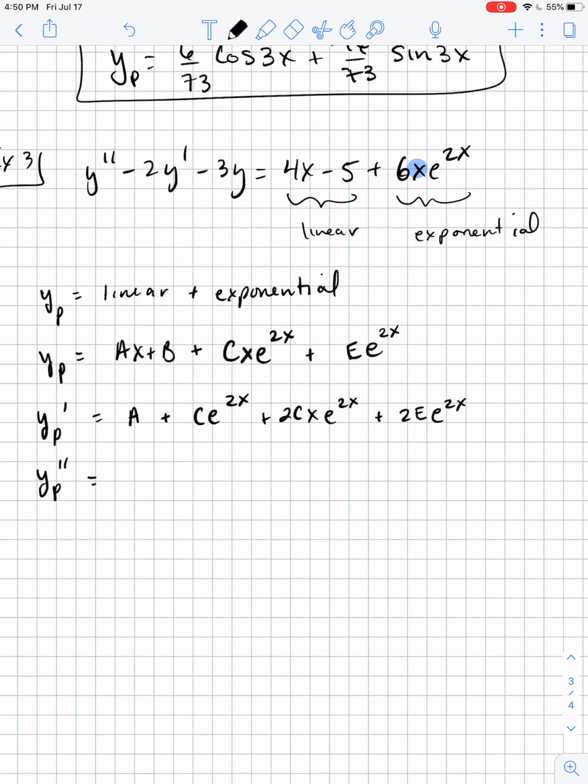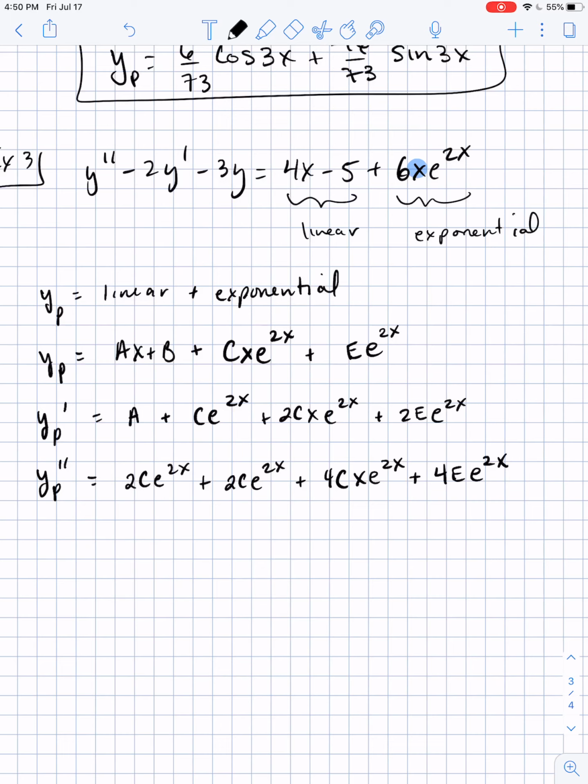The second derivative: a is a 0, and here we get 2ce to the 2x, plus, here we have another product rule, so I'm going to get 2ce to the 2x, and then plus 4cx e to the 2x, and then plus 4E e to the 2x.